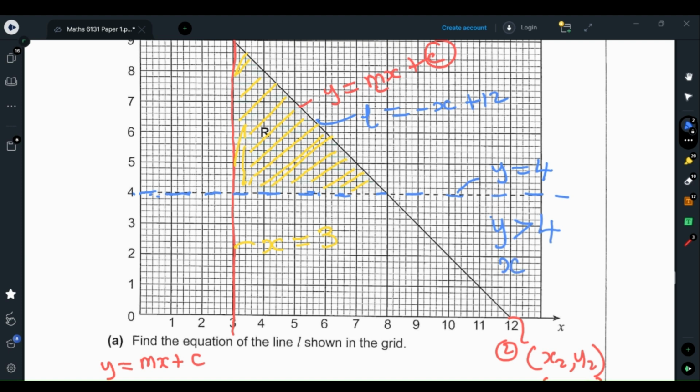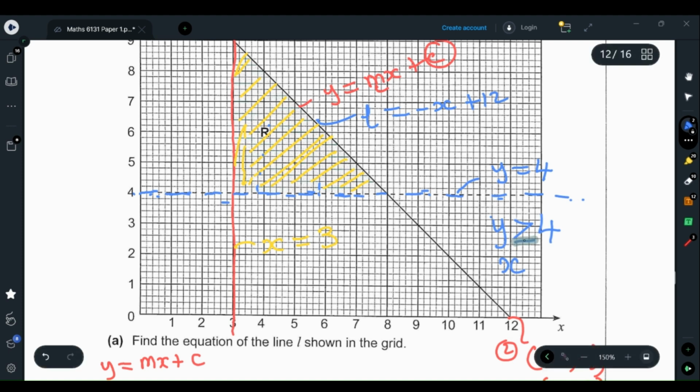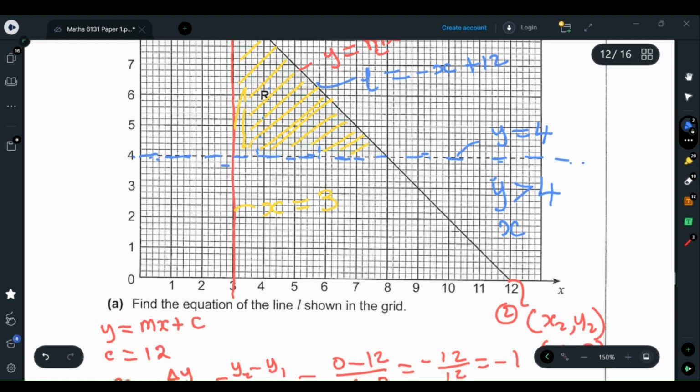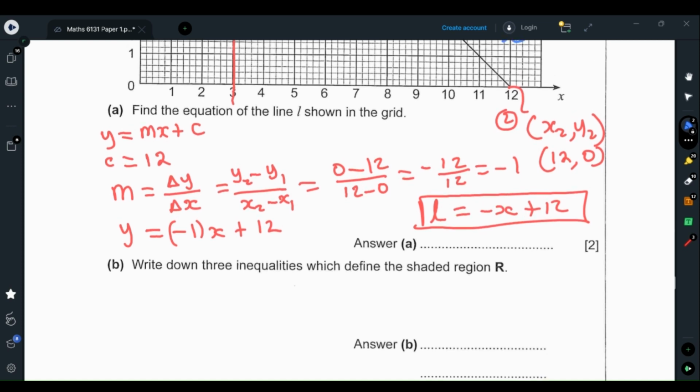As for x, because the shaded region is above this line, the reason I'm just using greater than is because the line is a dotted line. If it was a solid line, it would have been y greater than or equal to 4. For x equals 3, the inequality would be, what's the question?